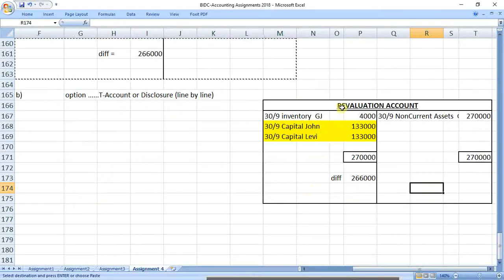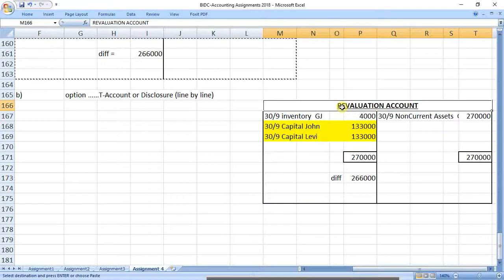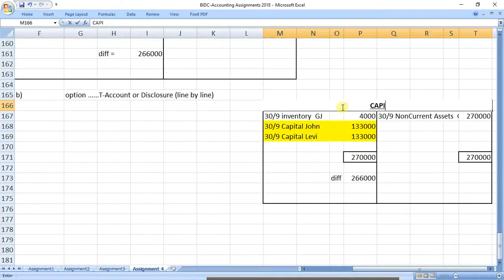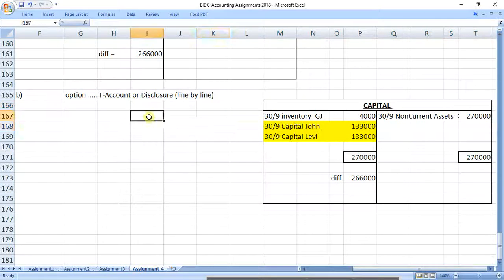So I'll do the normal one, this was for capital. If you're doing it in columns, you're going to need one column for one partner and one column for the other partner. So two columns. Let's draw them up: capital, John, capital, Levy.